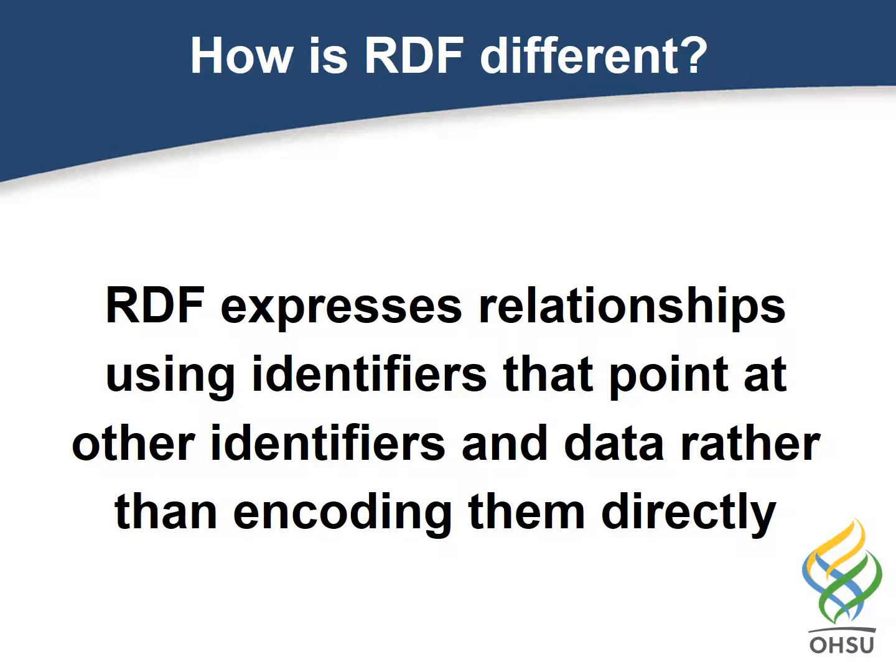So in other words, when we say Jane feels happy, we'll use an identifier for Jane rather than Jane herself, because that identifier can contain pointers to all kinds of other information related to her. And happy can point to all kinds of other things like broader and narrower terms, related terms, and whatnot, rather than encoding them directly.